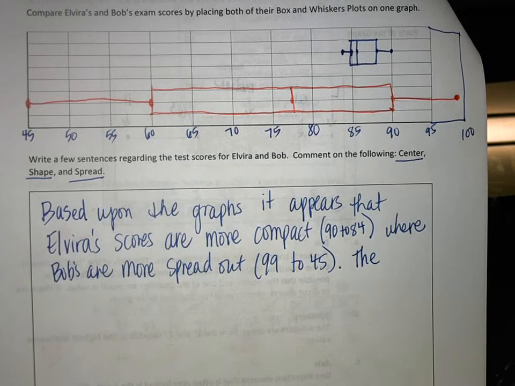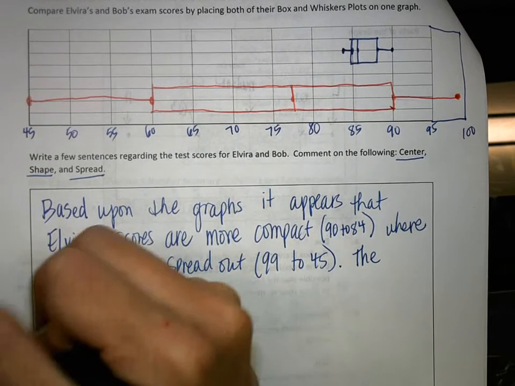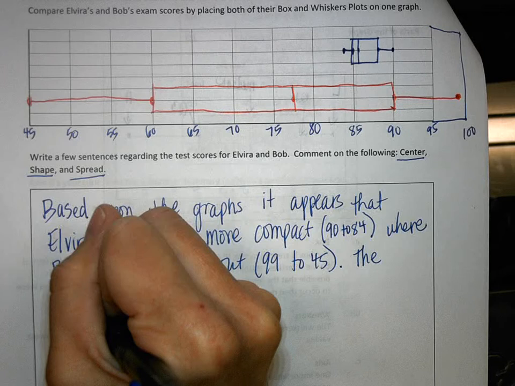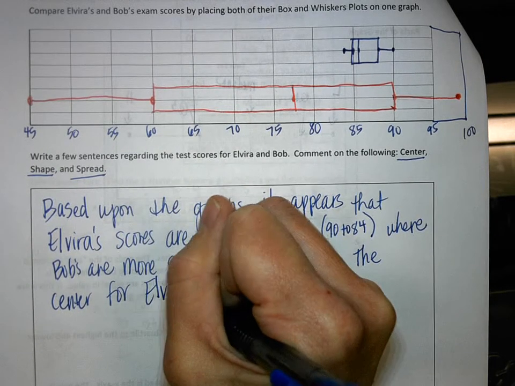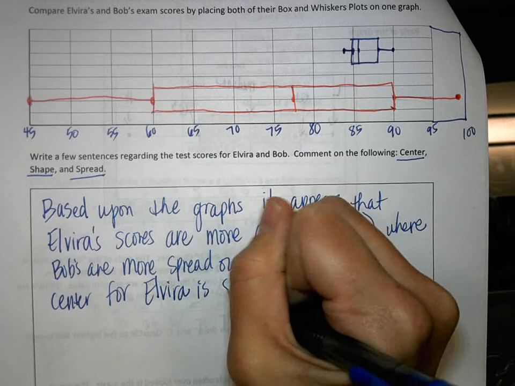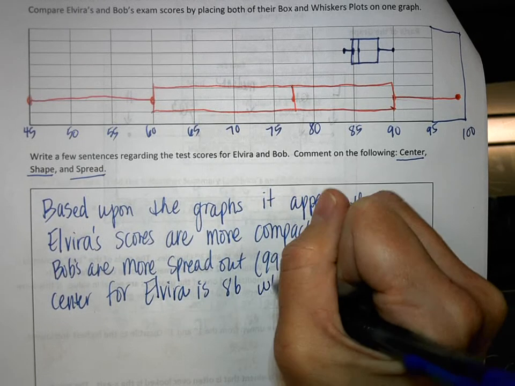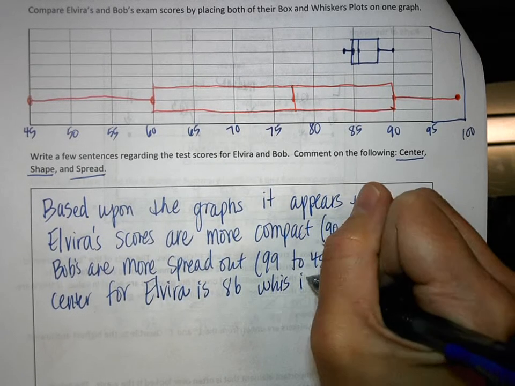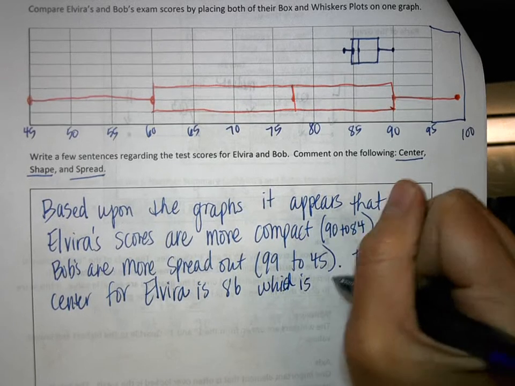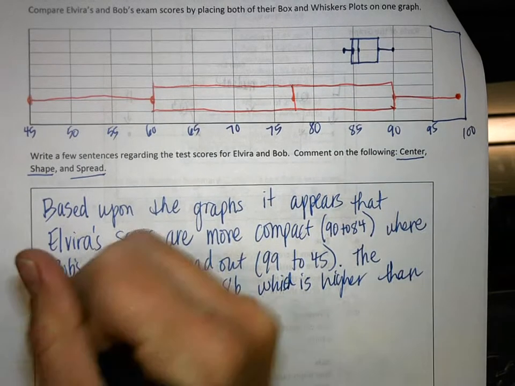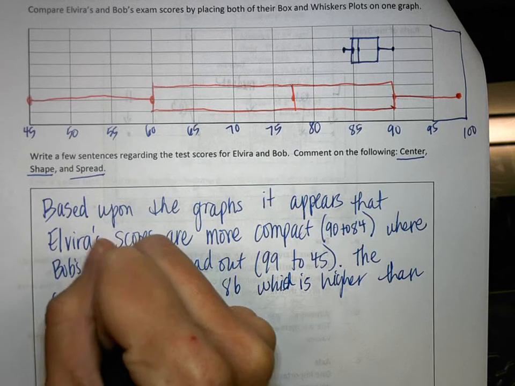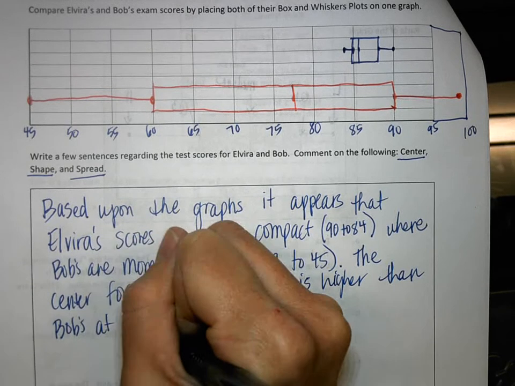Okay, they asked us to talk about the center. The center for Elvira is 86, which is higher than Bob's at 75.5.